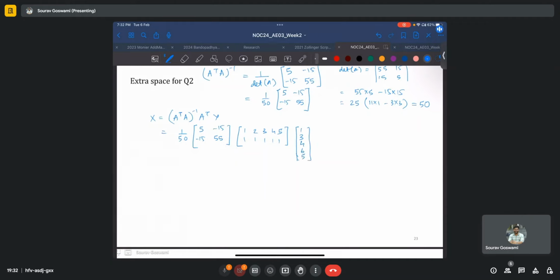Let us just check for consistency. So this is 2 cross 2, this is 2 cross 5, and this is 5 cross 1. So I multiply this first. You can go in any sequence; I think they should end up the same. And this is 2 cross 5 and 5 cross 1, so the product matrix will be 2 cross 1.